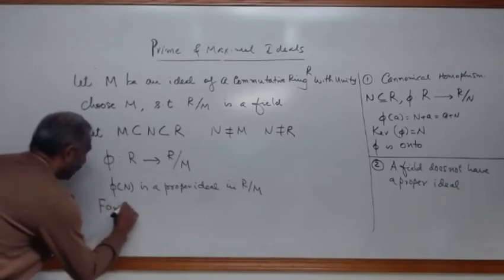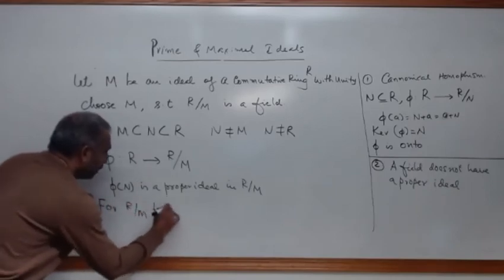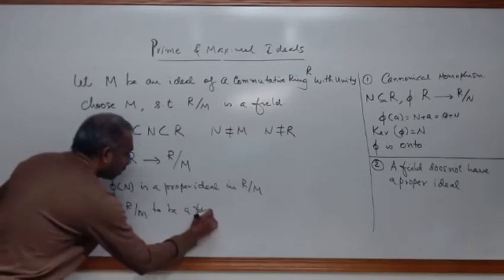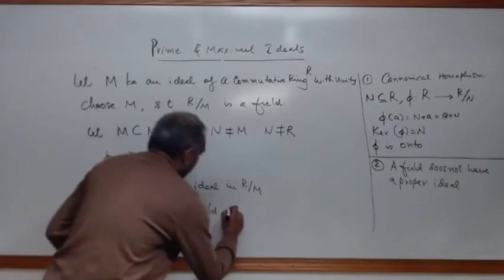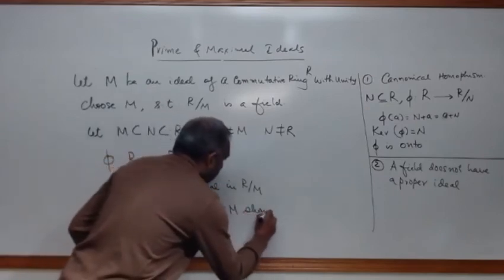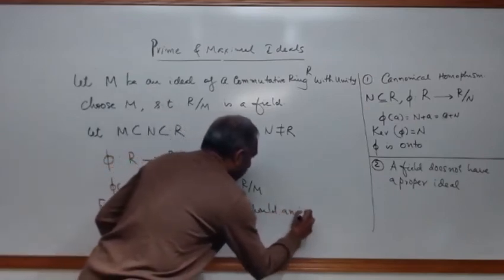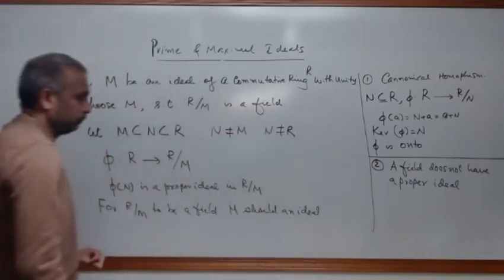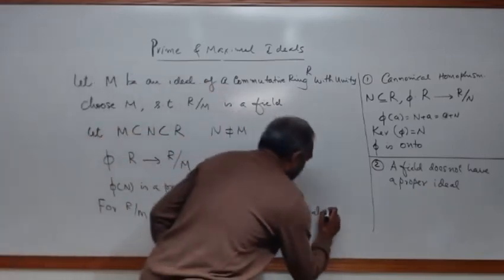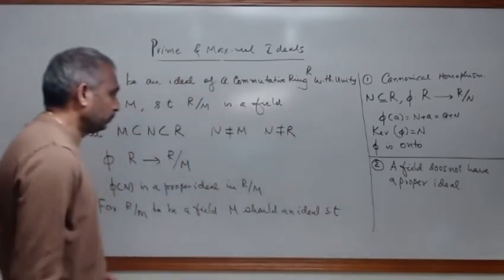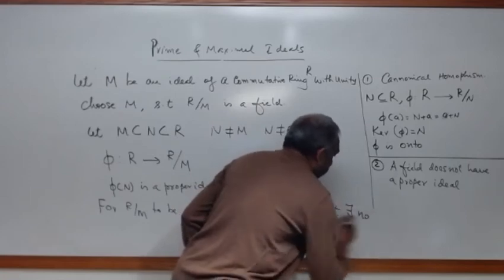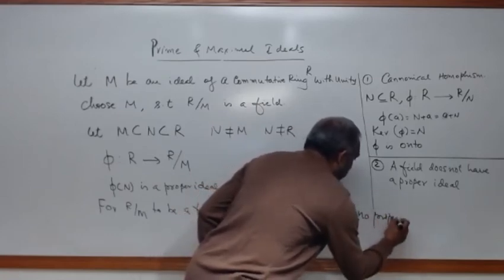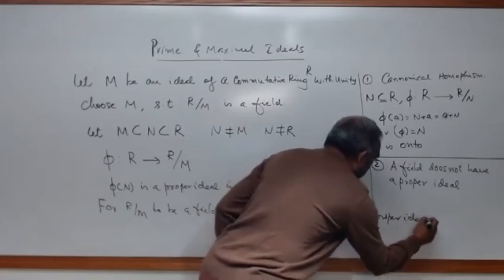For R by M to be a field, M should be an ideal such that there exists no proper ideal containing it.